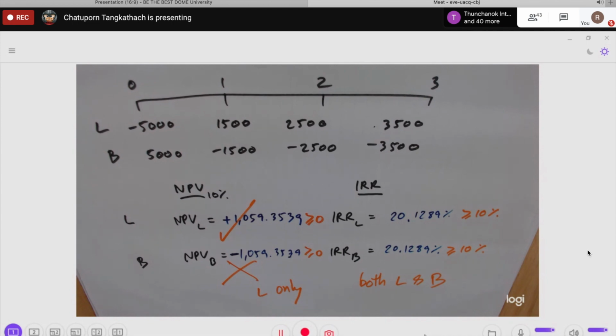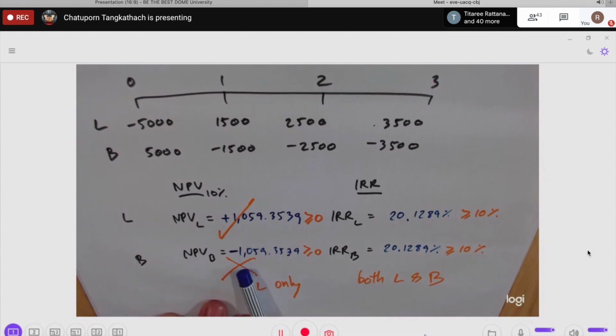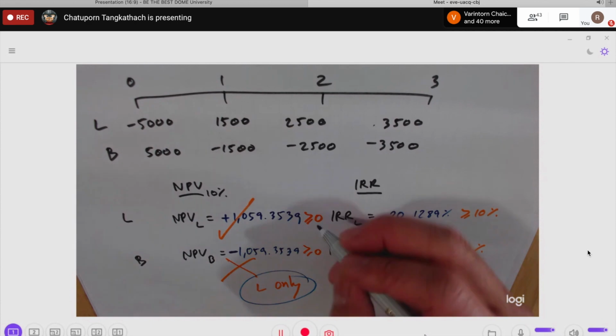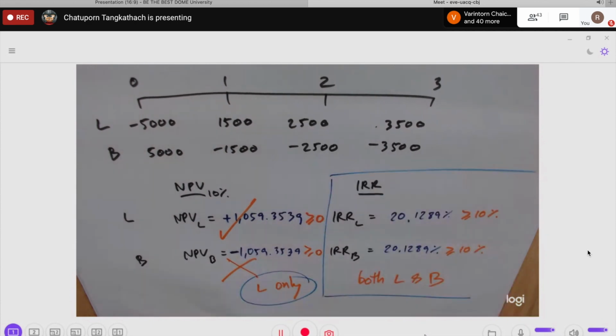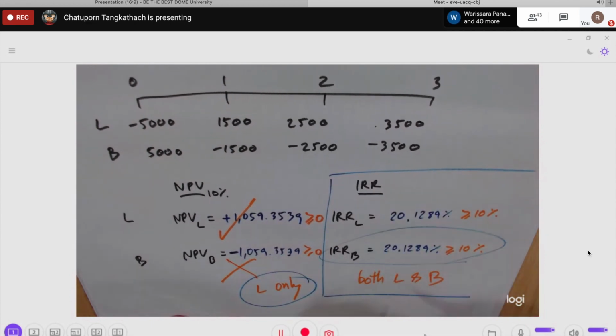So if for project B, NPV says no and IRR says yes, the best answer for project B is based on NPV. So we must not accept project B. This is the best answer: project L only. Now, why does IRR give us an incorrect decision for project B? This is what I am going to explain next.